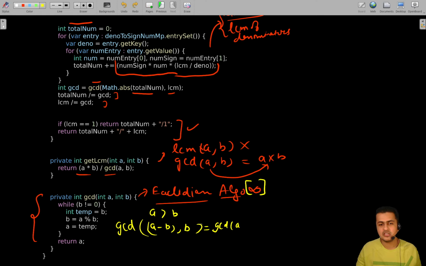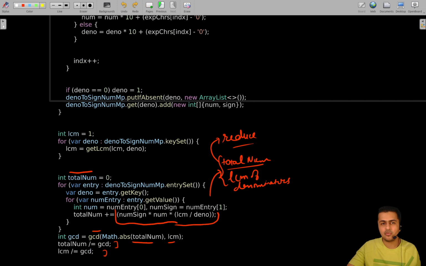This is the property that is being used. Once this algorithm returns the GCD, it can be used in your calculations, and this will be the whole approach.